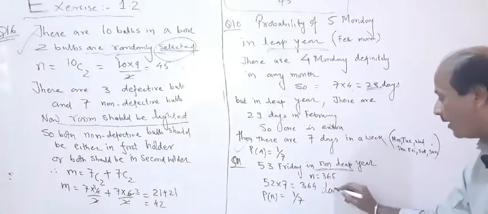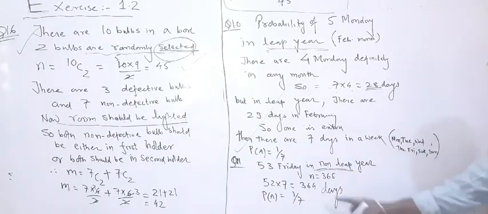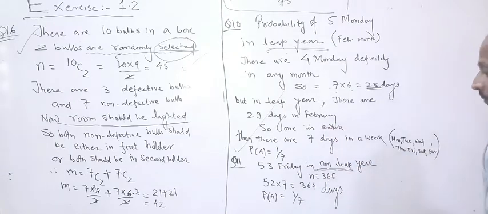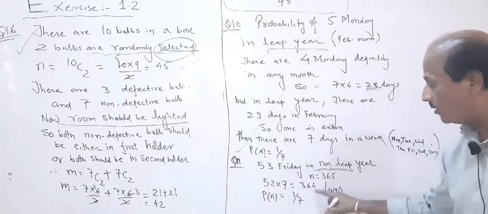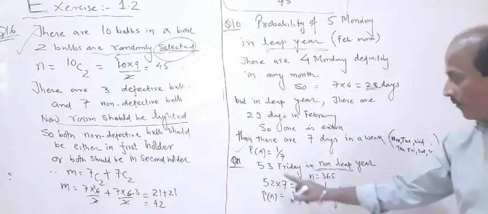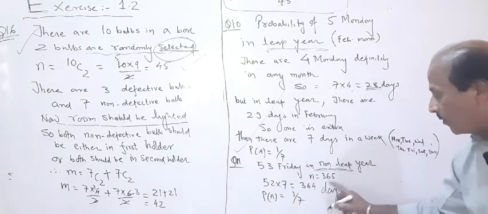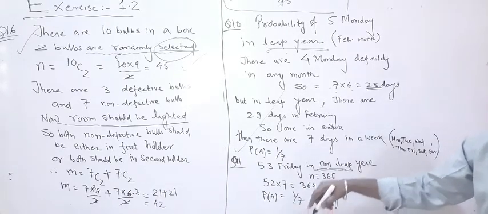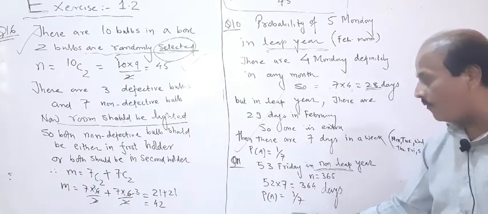And there are 365 overall days in a non-leap year. So how many days are left for a 53rd Friday? 52 Fridays are already obtained, and we got 364 days. Now one Friday you want to find, and how many days are left over? 365 minus 364, 1. And how many days are there in a week? 7. So the answer will be 1 by 7.